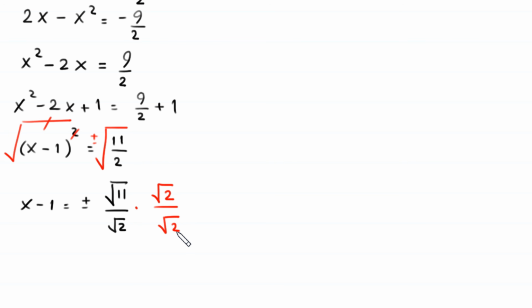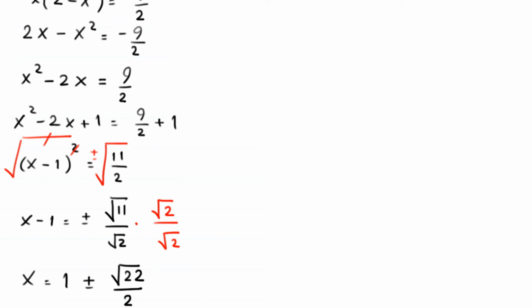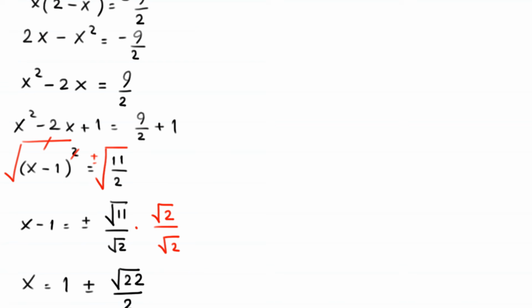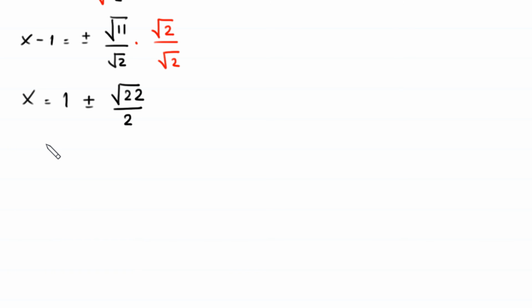So this will become x is equal to negative 1 will become positive 1, and plus minus root 11 times root 2 will become root 22 divided by root 2 times root 2 will become 2, and the domain for this case is x must be less than or equal to 2.